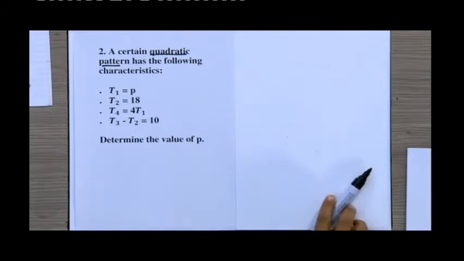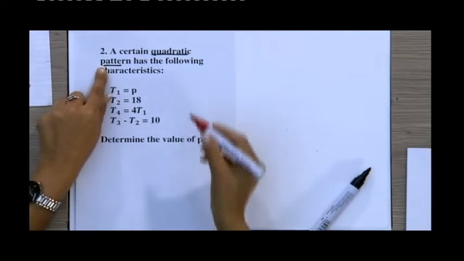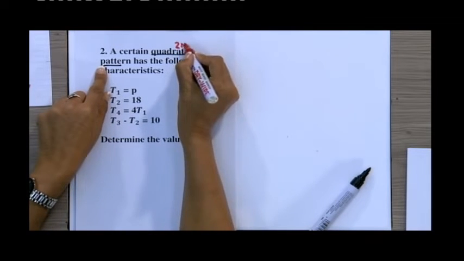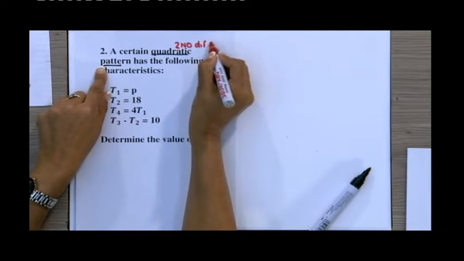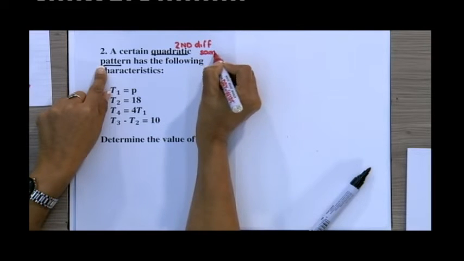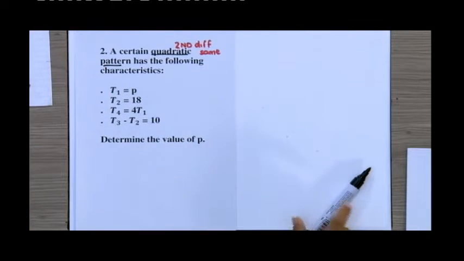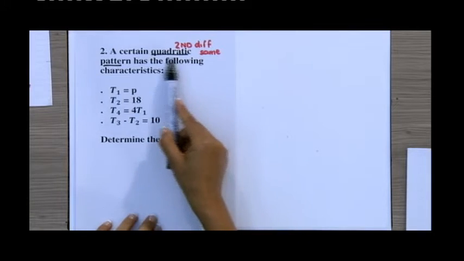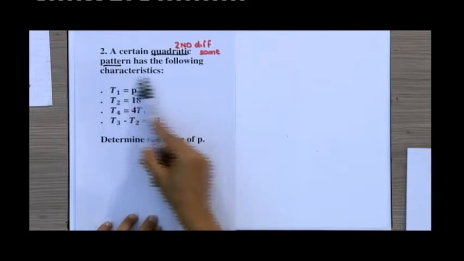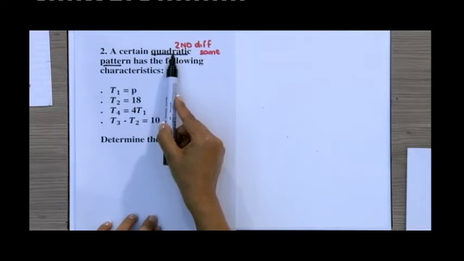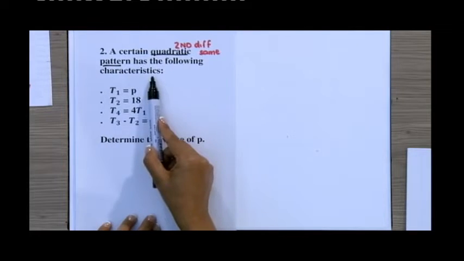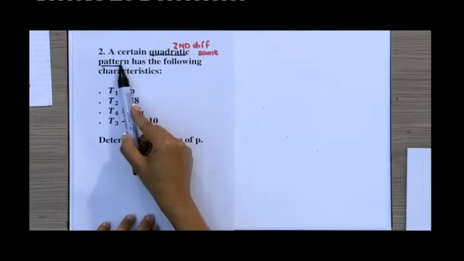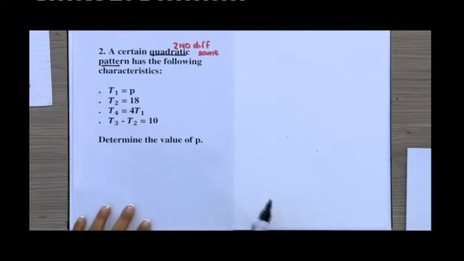What do I tell them? Oh, wait. A quadratic pattern means the second differences are the same. If this question said that it was a linear pattern, the first differences would be the same. So you've got a bit of information from this. A certain quadratic pattern has the following characteristics.